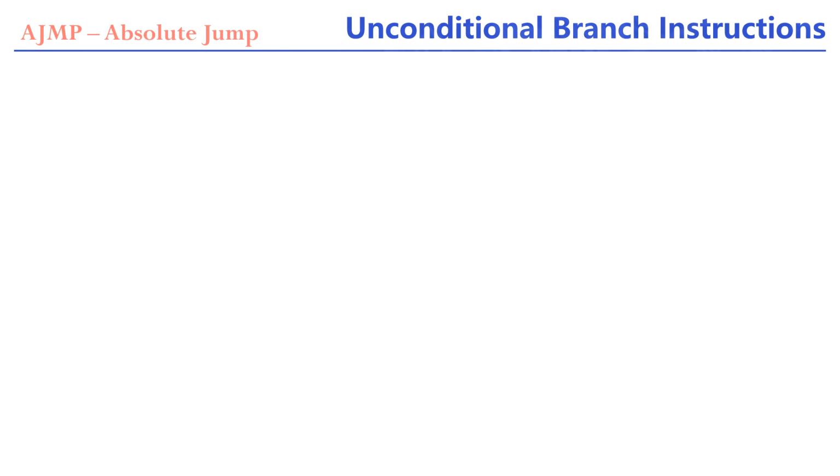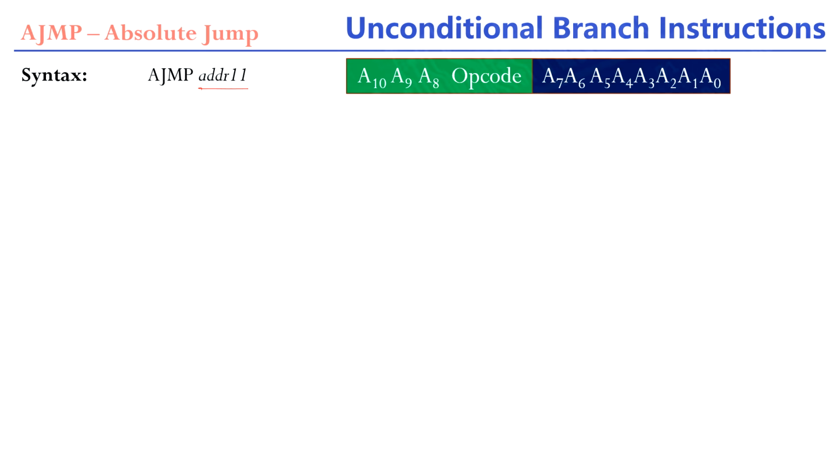Next is the AJMP instruction. AJMP stands for absolute jump. This absolute jump uses an 11-bit address. It is a 2-byte instruction. This is the first byte, this is the second byte.